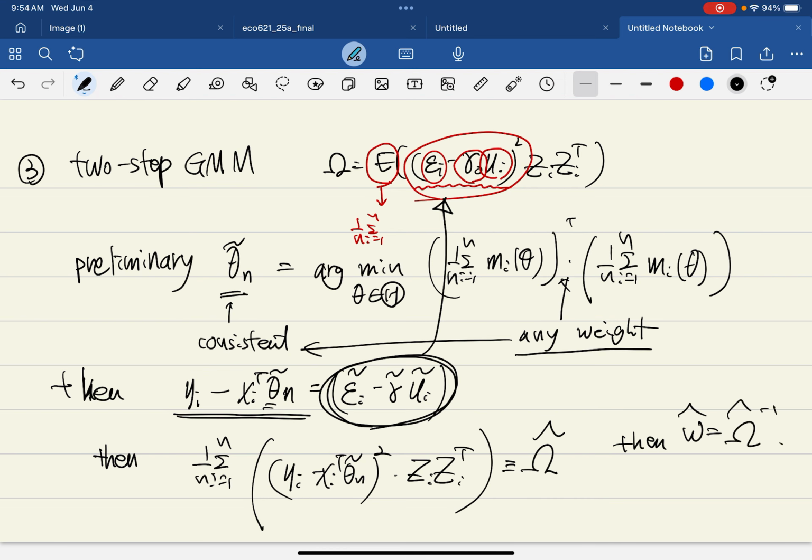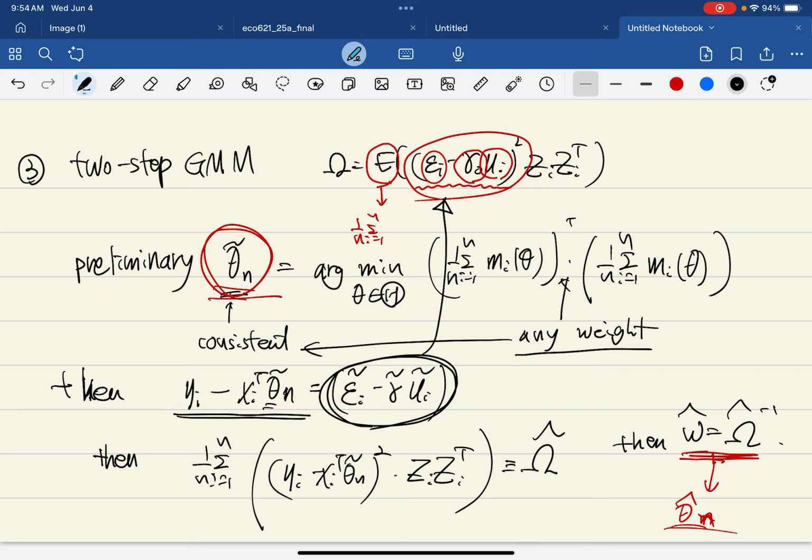Then this is also a reasonable way to estimate the GMM estimator, and as I said already, this is optimal. If you use this weighting matrix and get theta hat, this will be the same as this one, because we have the same number of unknowns and the same number of equations. That's how you can do it.